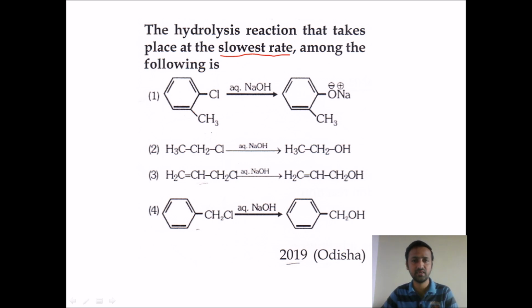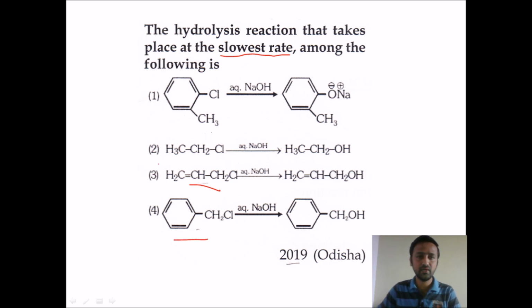All four reactions are with aqueous sodium hydroxide, or we can take them as alkaline hydrolysis reactions. The substrate molecules are: first, substituted haloarene; second, ethyl chloride; third, allylic chloride; and fourth, benzyl chloride.